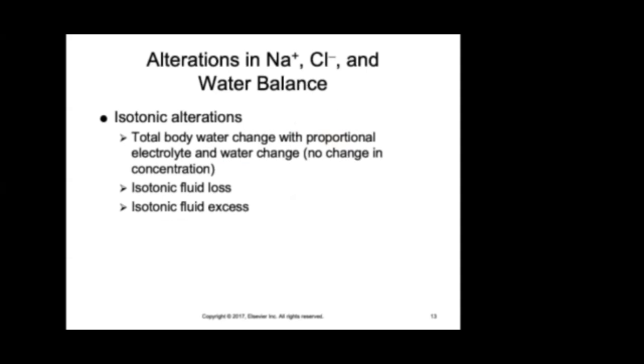Isotonic alterations are where total body water changes with proportional electrolyte and water change and no change in concentration. You have both isotonic fluid loss and isotonic fluid excess. Isotonic fluid excess can lead to edema. Isotonic fluid loss can lead to dehydration, just because of changes in volume.